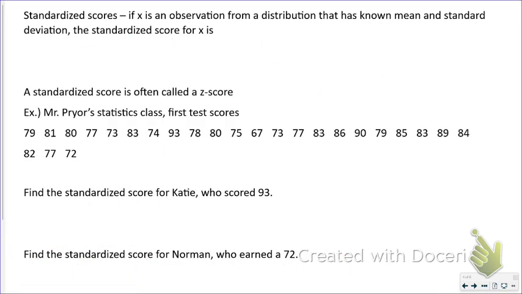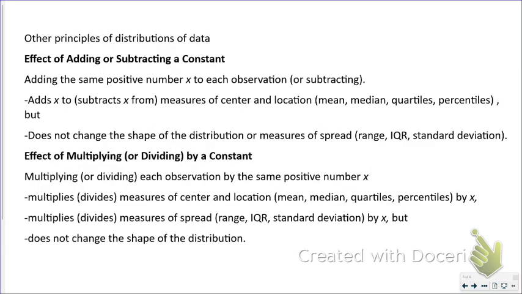Lastly, on this handout, I had some little principles of if I transform my data set somehow, maybe if we're talking about test scores, maybe I curve the test. So if I add, for example, a 5 to every single score, that's going to increase the mean by 5. So this is adding or subtracting.